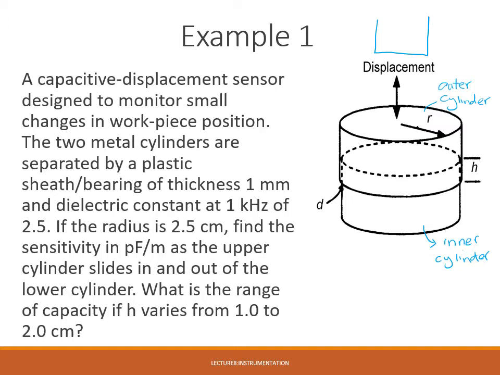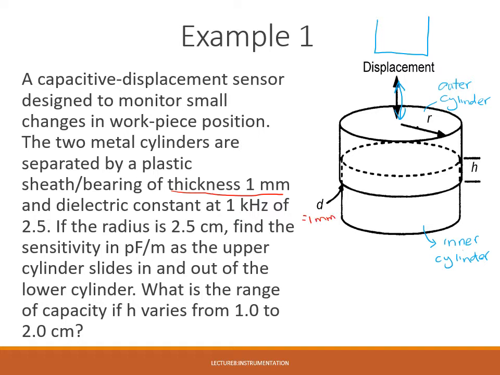The outer cylinder will move up and down due to the displacement of the workpiece. The distance between the two cylinders is given by D, which is the thickness of the plastic sheath or plastic bearing. So it is equal to 1 mm.